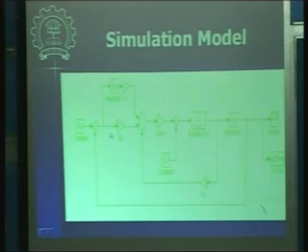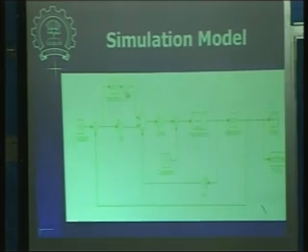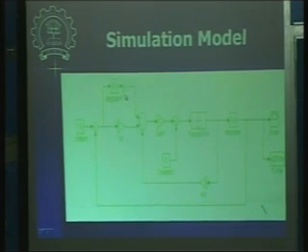Next we will see the simulation, similar to what we did for PD control. Now here is this simulation model. All the other parts remain the same in the Simulink. Only this new block diagram is added to the Simulink model, corresponding to the integral action of the controller.